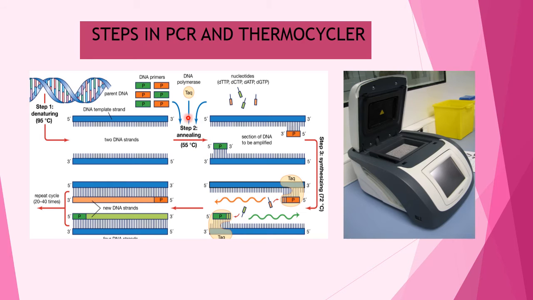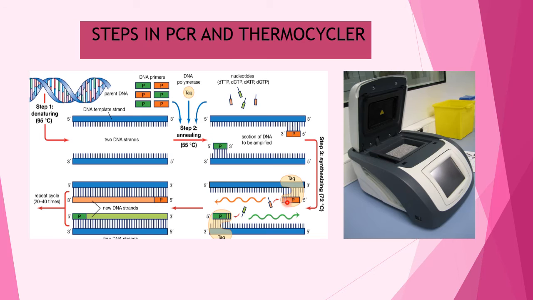When the primers are attached to the single stranded DNA and stable hydrogen bonds are formed between the single stranded DNA and the primer, only then will the Taq polymerase attach to the primer. Later on the dNTPs will be added one by one to the 3' OH end.